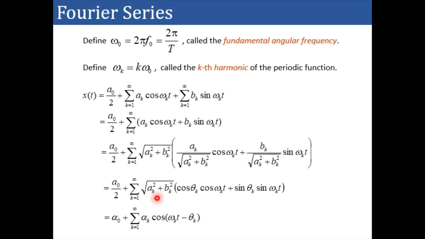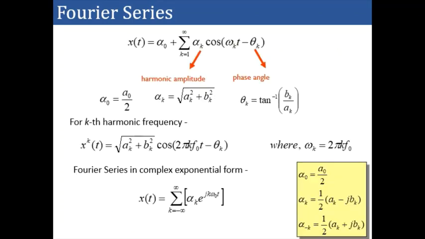We will assume that the root of (a_k squared plus b_k squared) is nothing but alpha_k, and a0/2 can be written as alpha0. Now x(t) = alpha0 + sigma k=1 to infinity alpha_k cos(omega_k t minus theta_k). Alpha_k is the harmonic amplitude and theta_k is the phase angle.